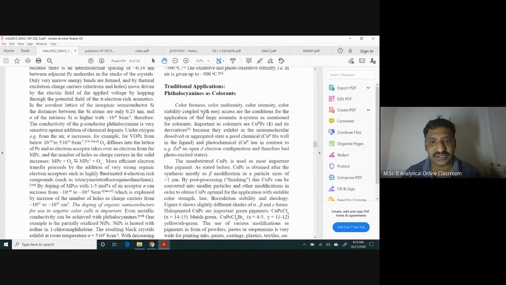You have to write down this: color fastness, color uniformity, color intensity, color stability, coupled with easy access, are the conditions for the application of this large pi aromatic system as a colorant. Important as colorants are copper(II) PC and its derivatives. Just write down these things. We're not interested in writing all the paragraphs, all the synthesis.